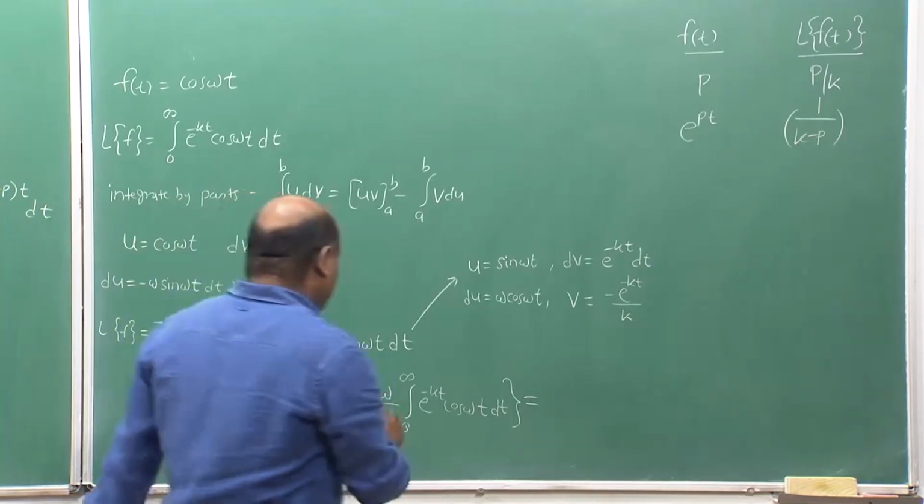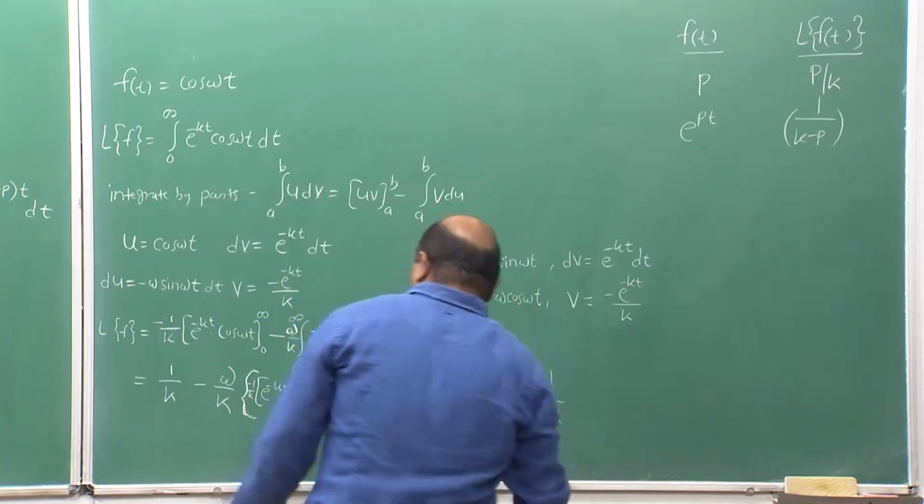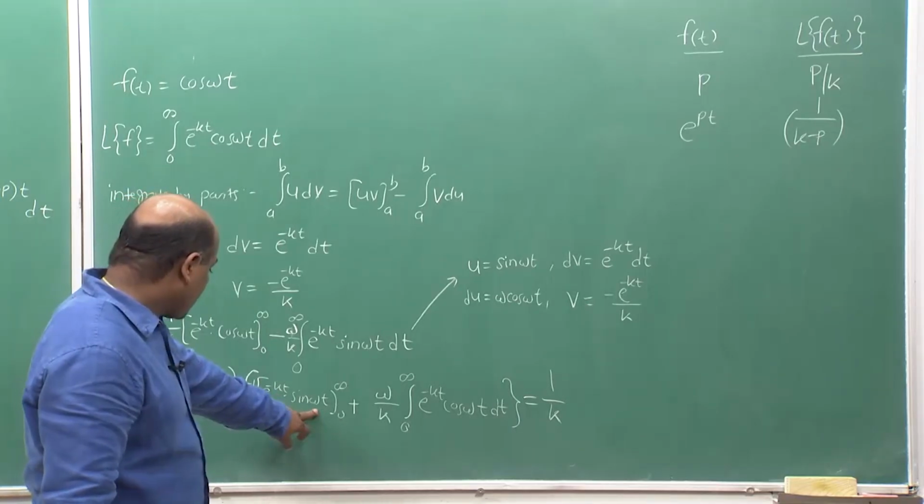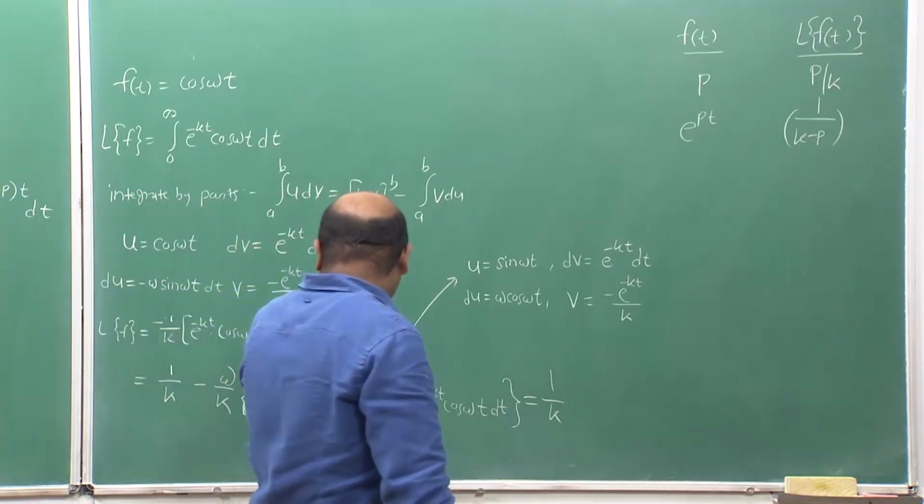So, this should be equal to 1 by k, and e to power minus infinity is 0 and sin 0 is 0 here. So, this term is 0.